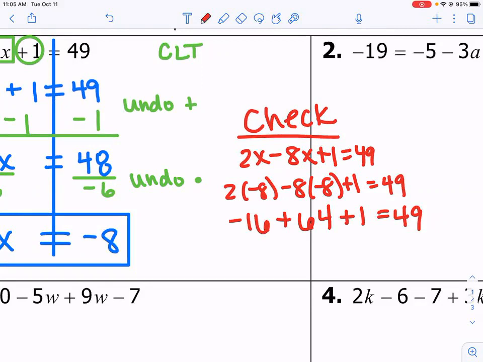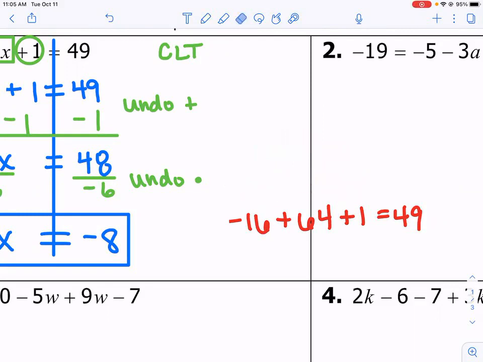Okay. We have 2 human calculators that agree. We'll make sure the calculator agrees. I don't need it. Okay, woo! We did it, guys. We got the right answer.